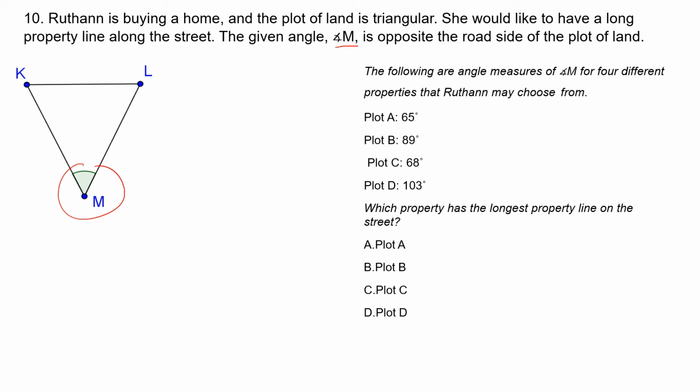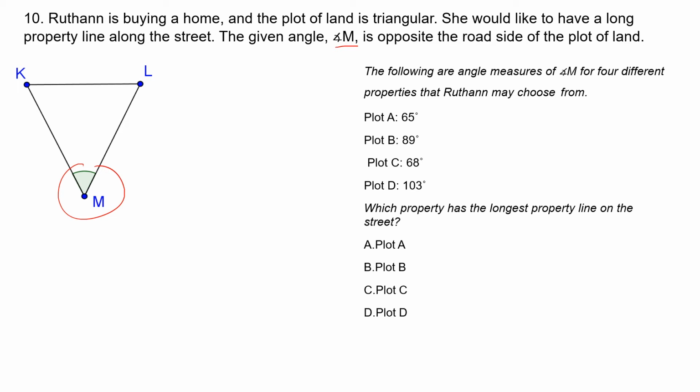So we're asked, which property has the longest property line on the street? And so if you recall the Hinge theorem, it tells us that the side of the triangle across from the largest angle will be the longest side.